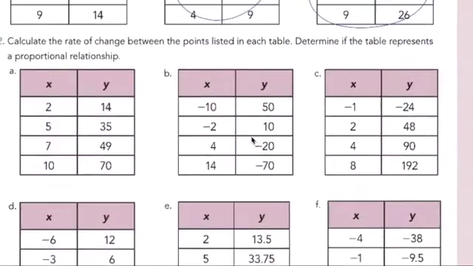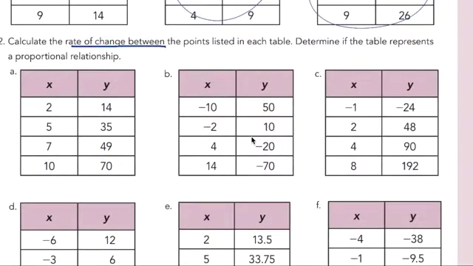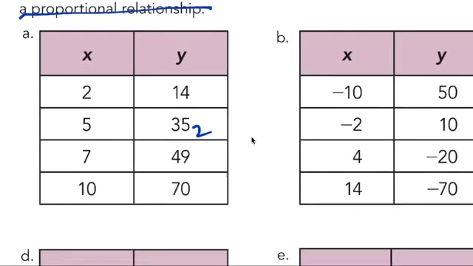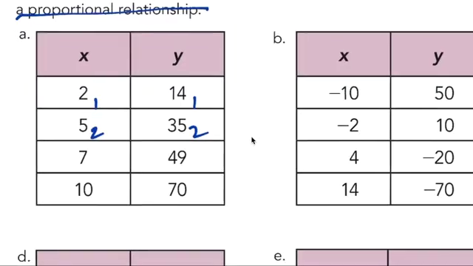Okay, calculate the rate of change between the points listed in the table. We're not doing this one. Just find the rate of change, which is slope. Y sub 2 minus y sub 1 over x sub 2 minus x sub 1. Okay?